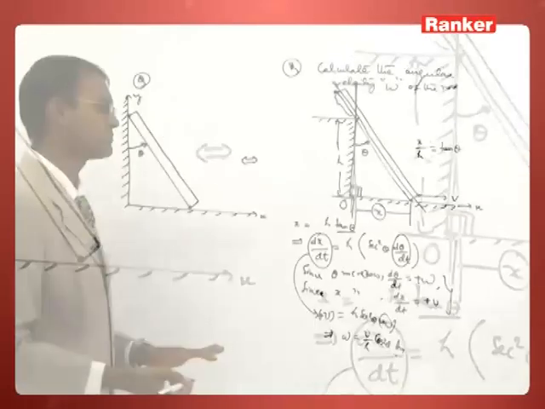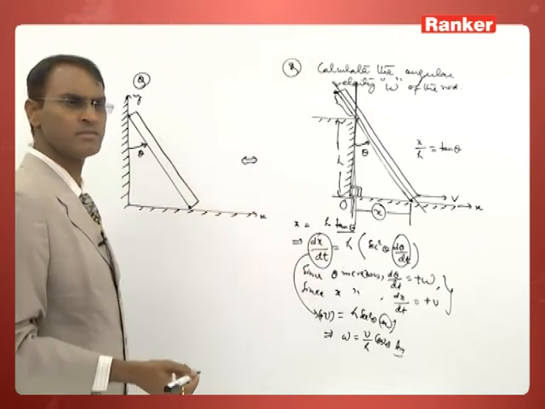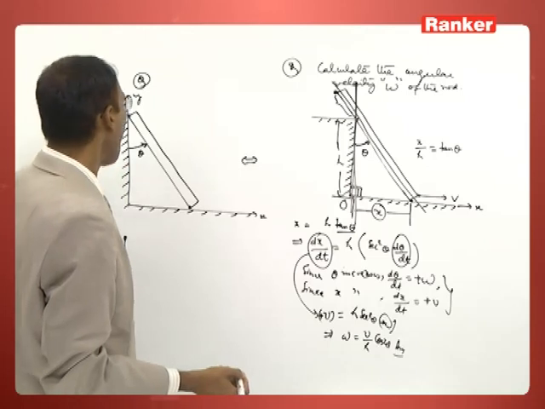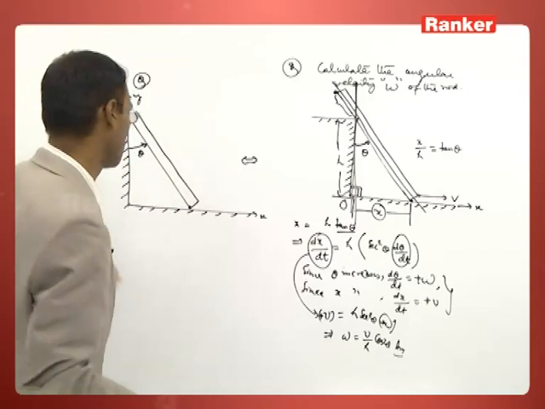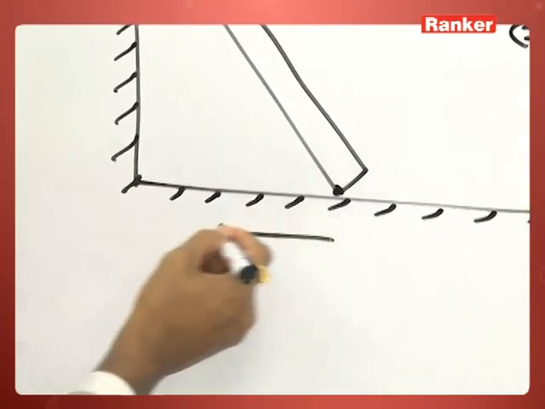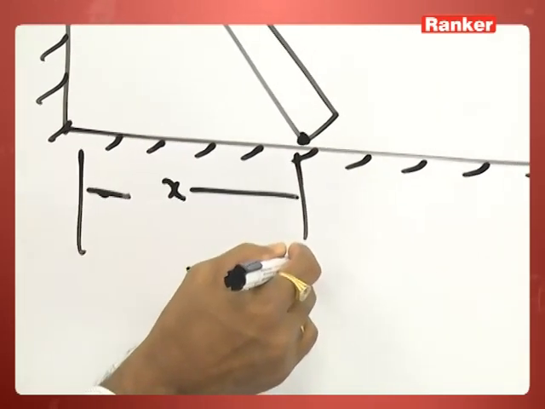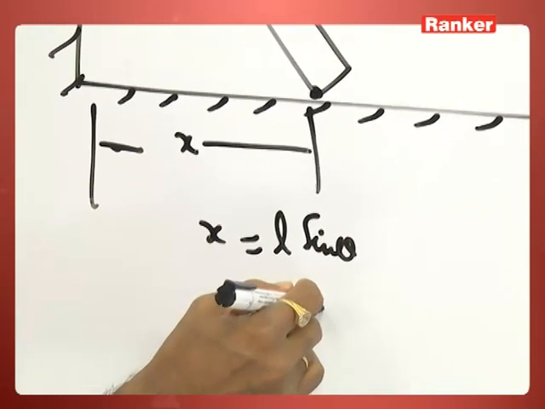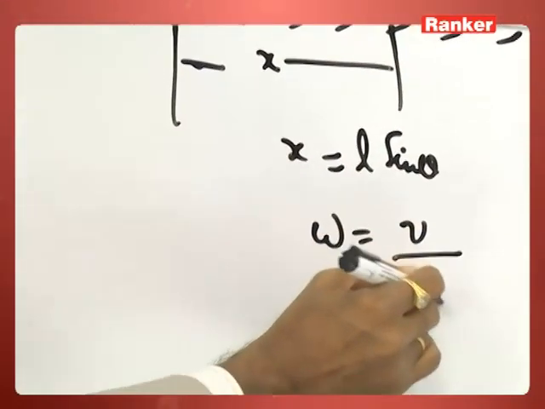But before that, let me make some sort of comparison between these two problems. In common, how to calculate the direction of angular velocity mathematically. Here you wrote x is equal to L sin theta and omega you got v upon L cos theta.